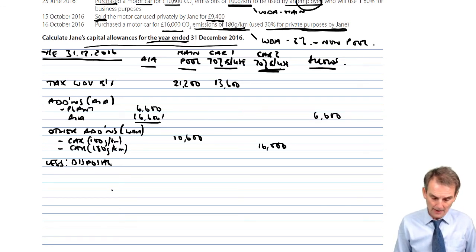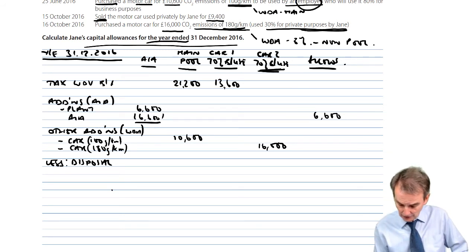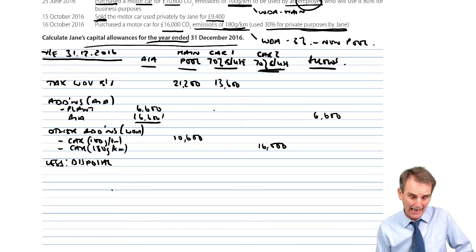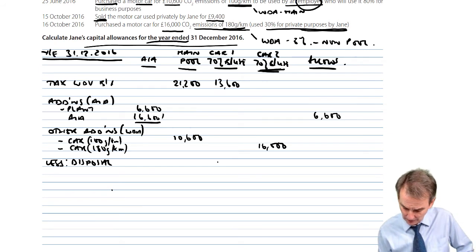Sold the car, used primarily by Jane, for £9,400. Now, given that the tax written down value, which is the original cost less the allowances taken to date, is £13,600, very obviously those sales proceeds are way less than the original cost. So it's the proceeds now that need to be deducted here. What were those proceeds? £9,400.